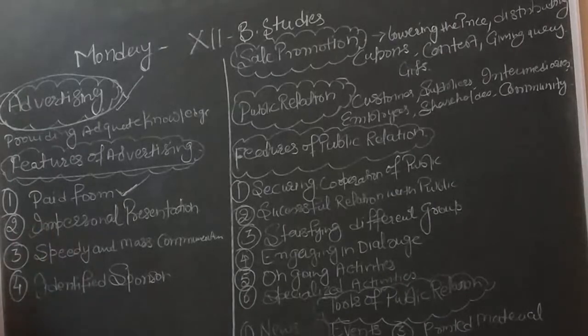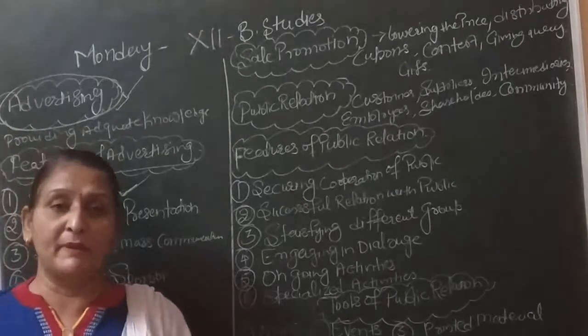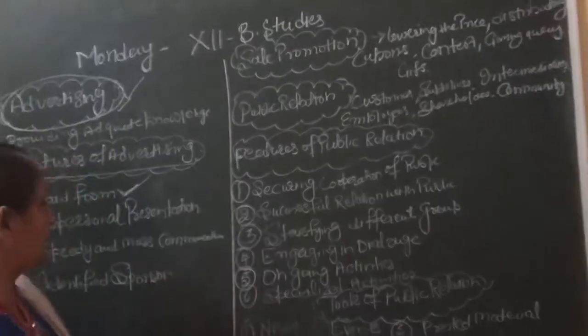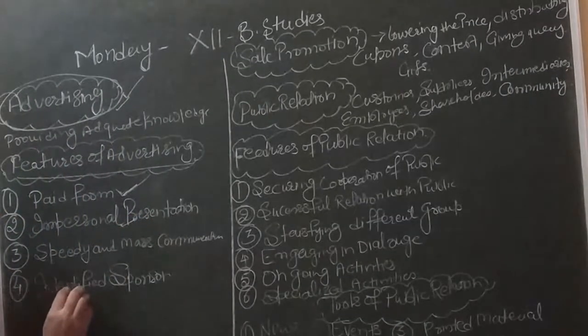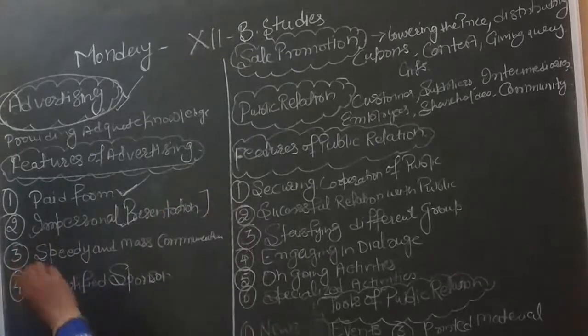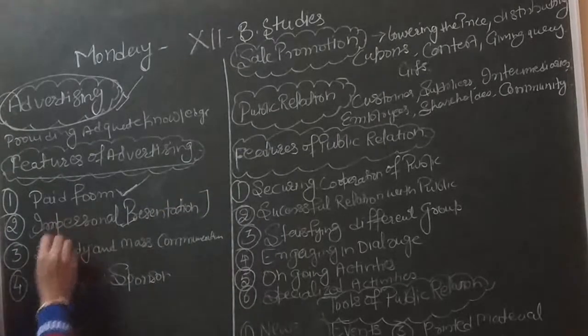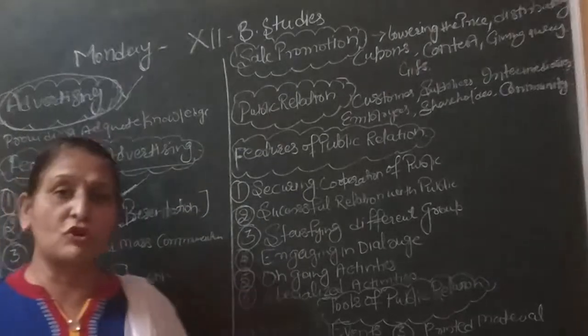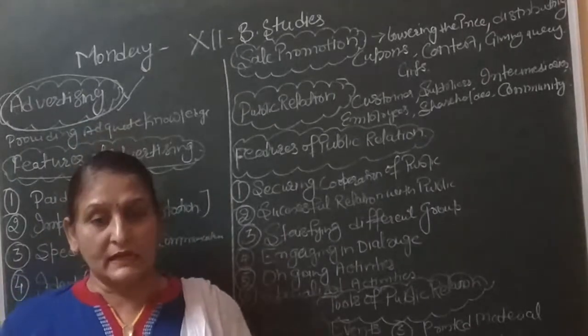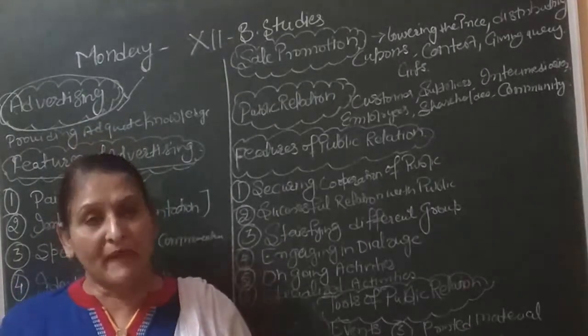Number two, impersonal presentation. Advertisement is an impersonal presentation, not a personal presentation. In advertisement, lots of people are connected at a time, right? And it's a monologue, not a dialogue. Monologue means when the communication is made to many people.